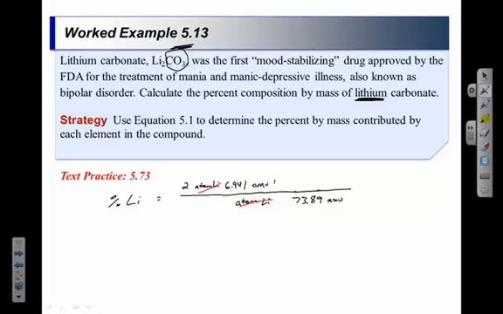So this is AMUs of lithium, this is AMUs of the compound. So I multiply that by 100 to get it as a percent. So it's 18.79%.